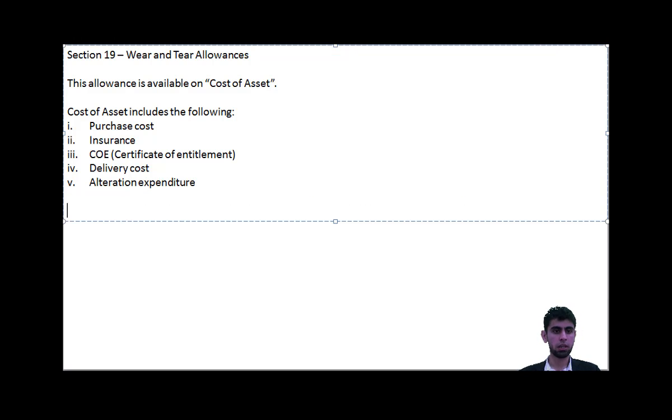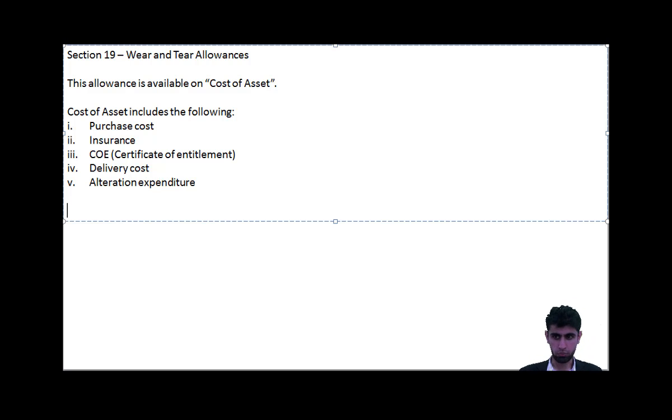Now, under Section 19 there are two allowances. Two different amounts of allowances are available. First of all, there will be a different allowance available in the first year of the purchase. So when businesses purchase the asset, they will claim initial allowance, and then in the subsequent years they can claim annual allowances.